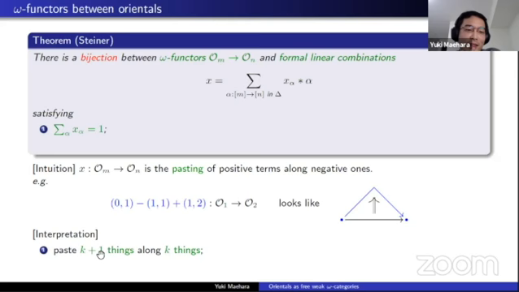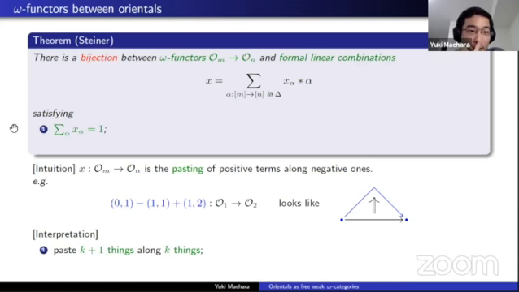If you think about what we are doing, we are pasting many constructible things to get a constructible thing, so that should be the right number of things. If this number is too high, then you are trying to glue too many things and you would probably end up with a disconnected thing. Whereas if the sum of the coefficients is too low, then you are gluing things too many times and creating a non-trivial loop. So that's a justification for this condition, at least one that I came up with.